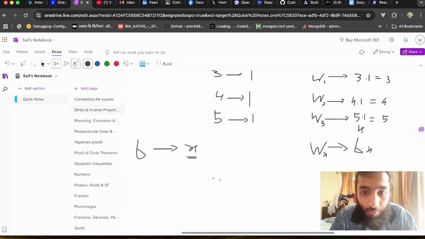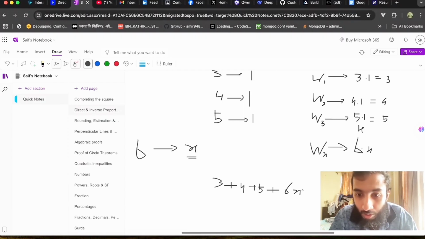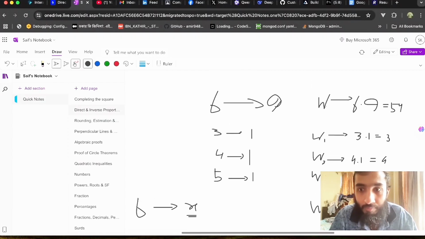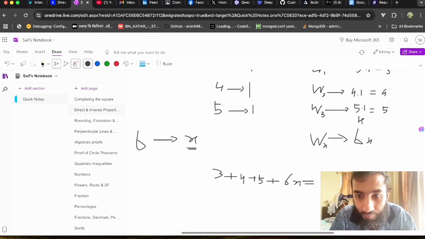So the total amount of work is 3 machine days on day 1, 4 on day 2, 5 on day 3, and 6x for the rest of the days, which equals 54 machine days.